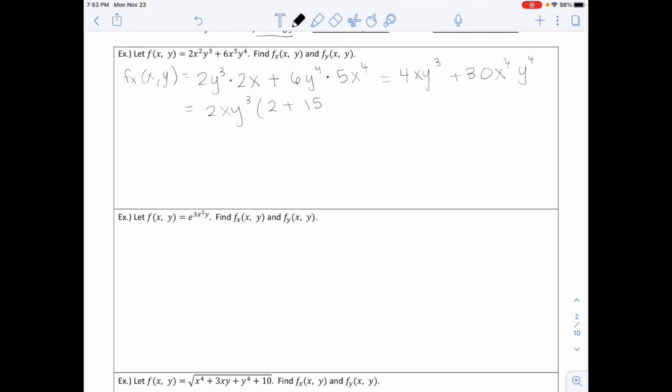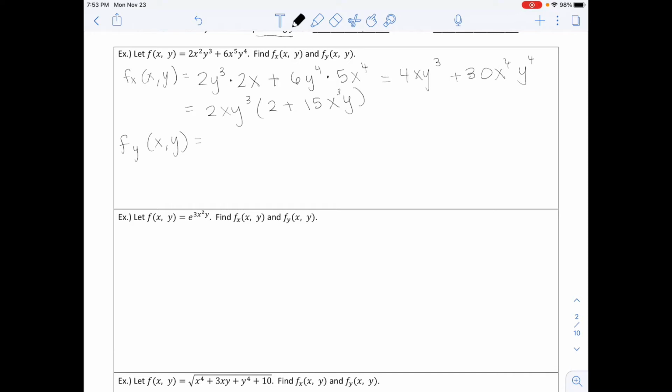You have 3 x's and a y left over, so x to the third y. And so these are both equivalent, and both are acceptable answers. So the next one that we have is going to be f sub y of x y, which is our partial derivative with respect to y. That means x is now our constant.